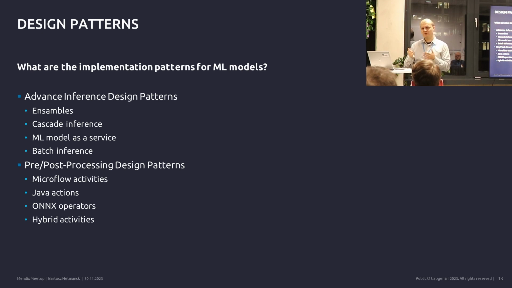So you won't need to look into details, but that's something that you need to apply at the level where you create your machine learning models. Once you have your ONNX operators there, you can leverage that to avoid needing to create your custom Java actions to process inputs and outputs of your machine learning execution.